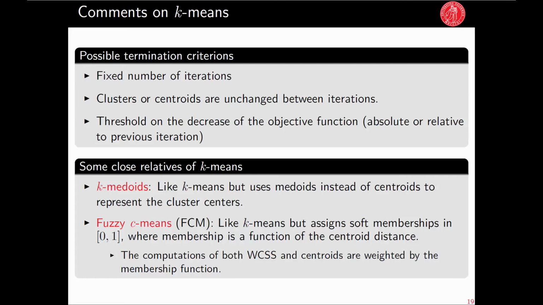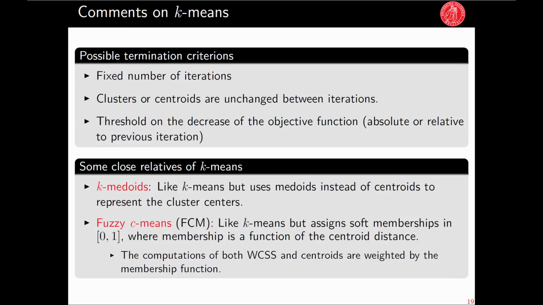With fuzzy c-means, the memberships would be regarded as soft or graded, so that each object could be a member of every cluster with some value between 0 and 1. 1 meaning it's fully regarded as a member of that cluster. Any other lower value meaning it's less associated with that cluster.